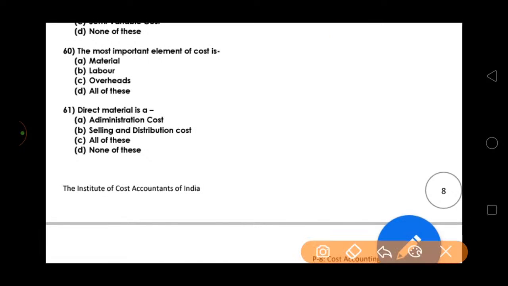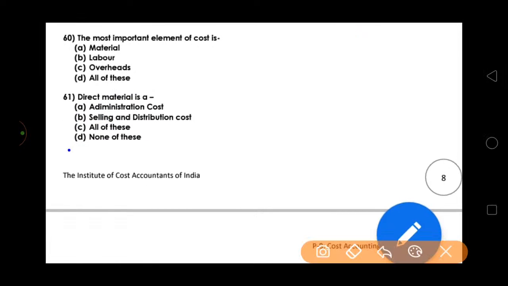So direct material is a selling and distribution overhead? Administration cost? Direct material we call administration cost? So none of these. The answer is none of these.